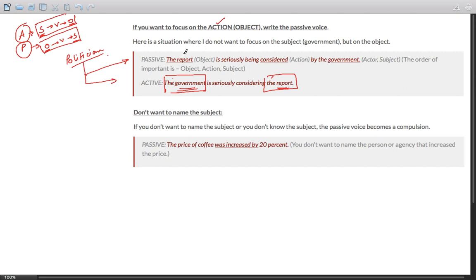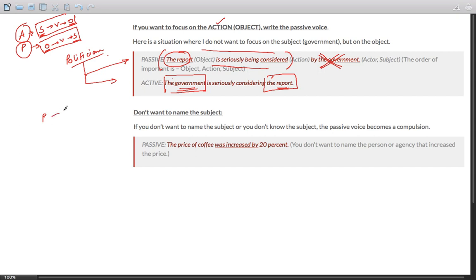So the focus here is on the report. It's not on the government. Okay, so you can also avoid, in this case, by the government. And what would the sentence be? The report is being seriously considered, or the report is seriously being considered. So what you've done is you have taken government out of the picture. So in passive voice, you can do 2 things.